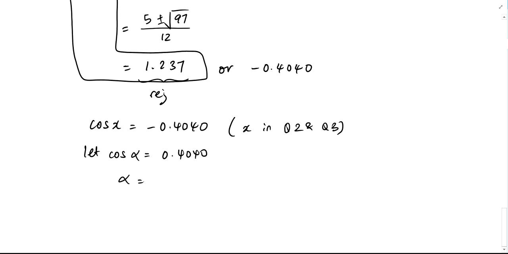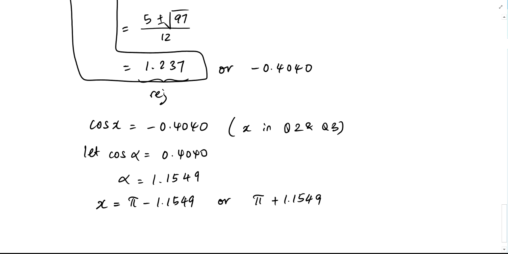We find that alpha is, this time the question is in radian mode, so we get basic angle of 1.1549. Based on this, we know that x will be in the second quadrant, pi minus 1.1549, and then in the third quadrant, pi plus 1.1549.